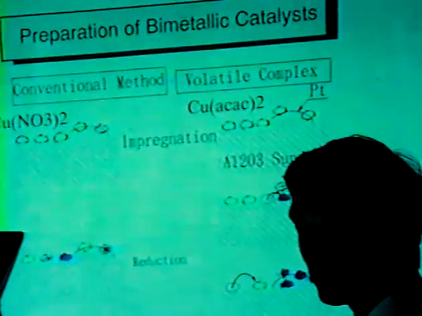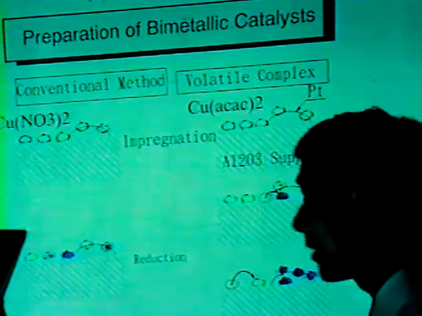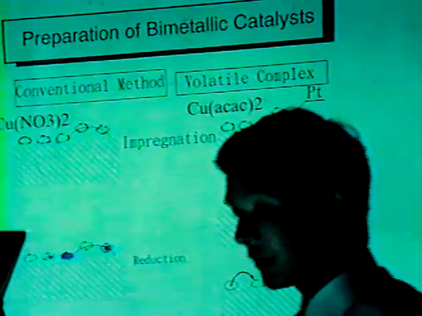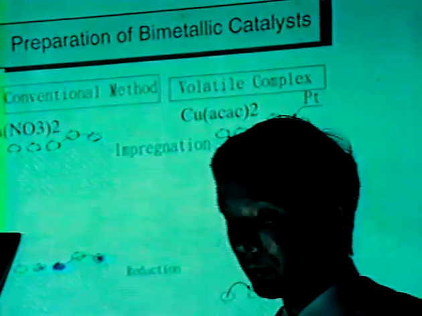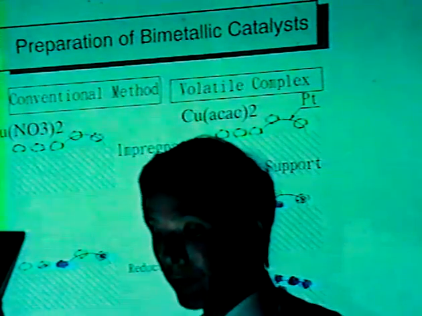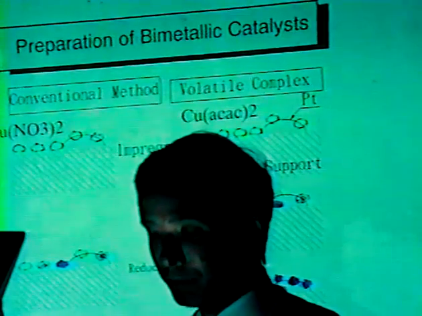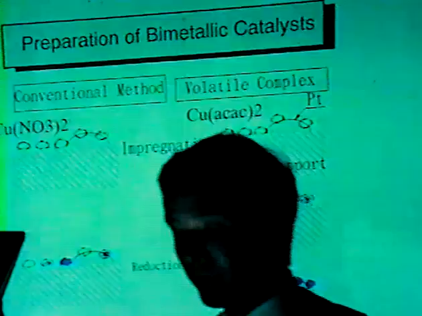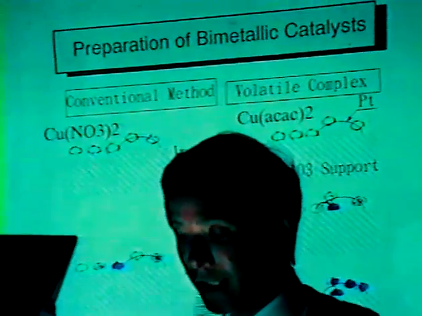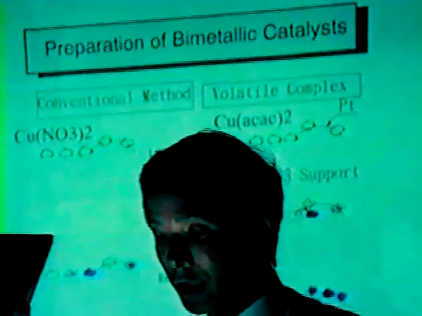Instead, the right side shows the case when we use volatile complexes as the second metallic component. The precursor distributes uniformly on the support when it is supported by impregnation. But when it is heated up for reduction in a flow of hydrogen, it starts to migrate on the catalyst surface because it has volatility.